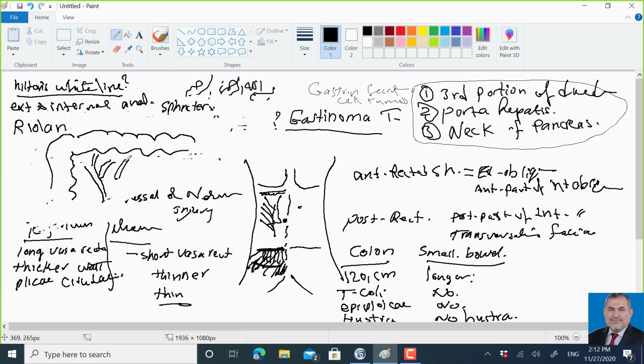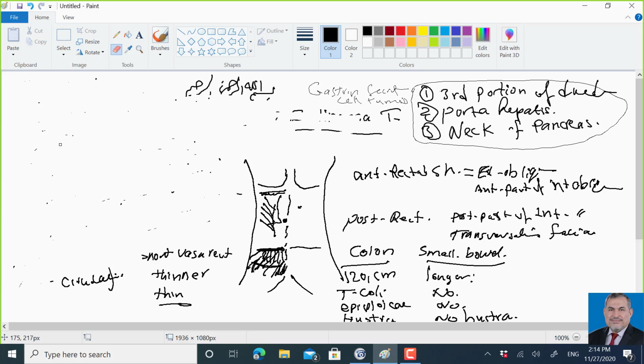Here is the space in the mesentery to the left of the middle colic artery, called the space of Riolan. This is an avascular space.